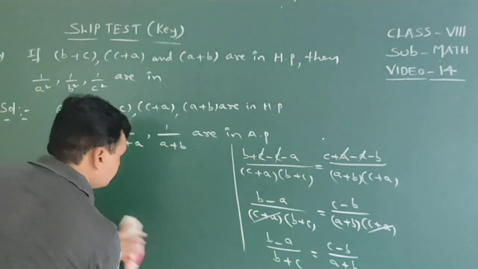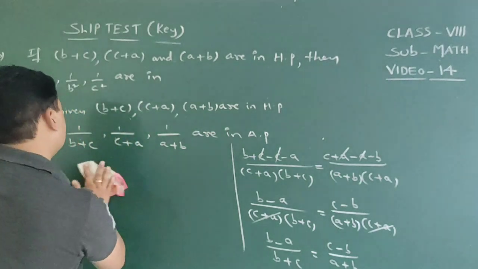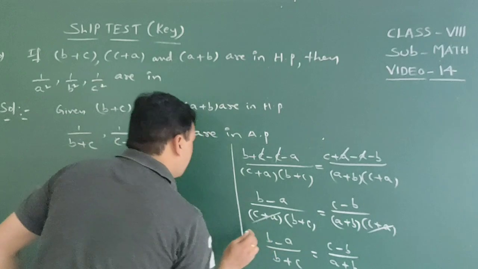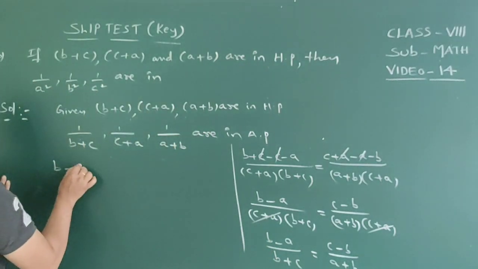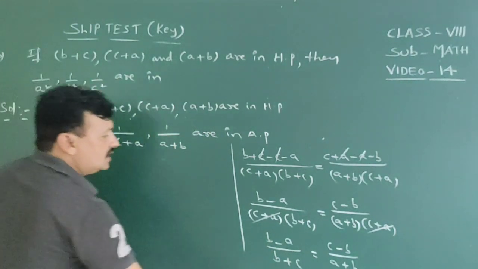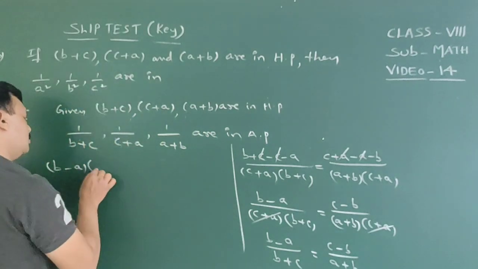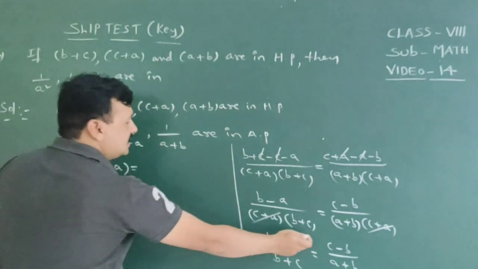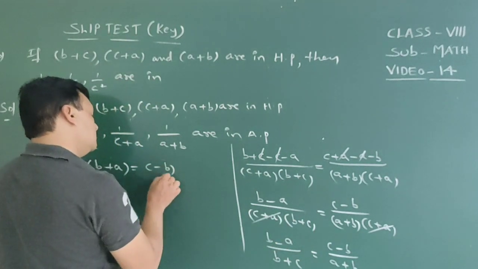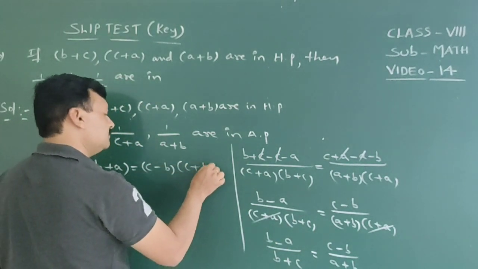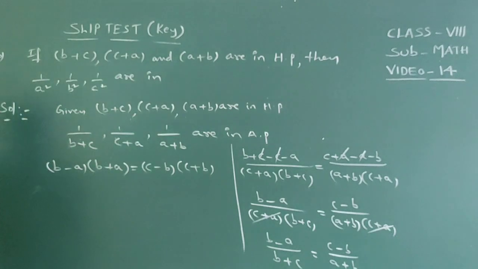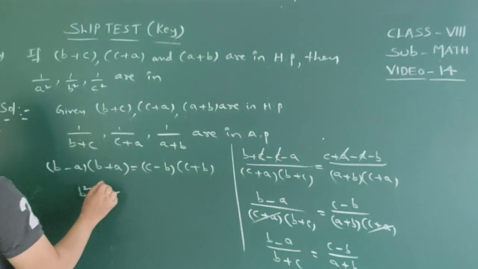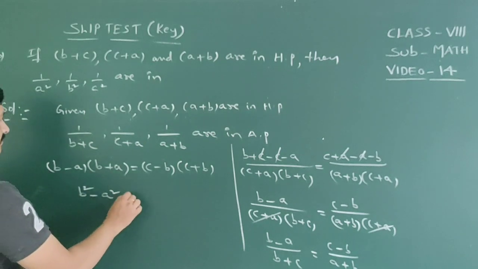I'll continue. Now if you cross multiply, b minus a into a plus b, or b plus a, both are the same, equals c minus b into c plus b. Here b square minus a square, a minus b into a plus b form.